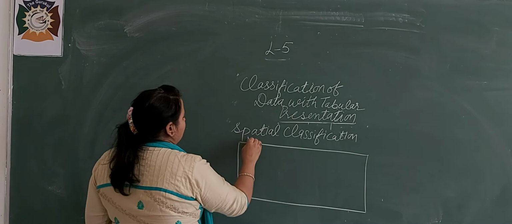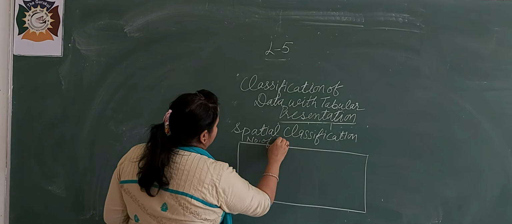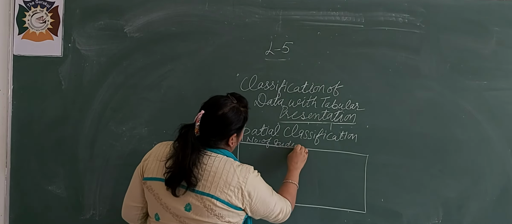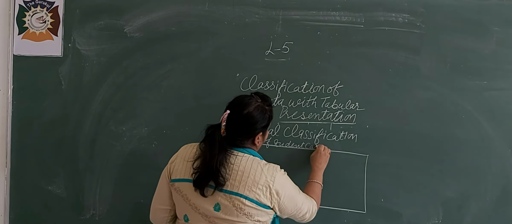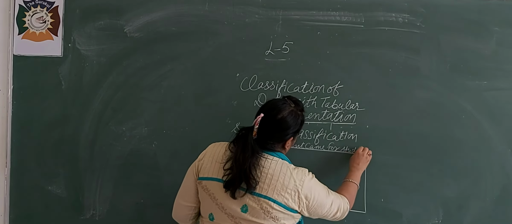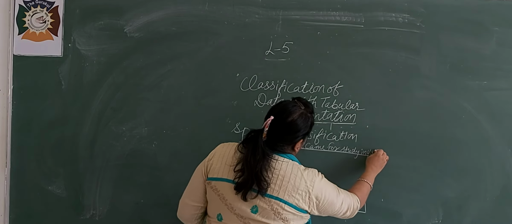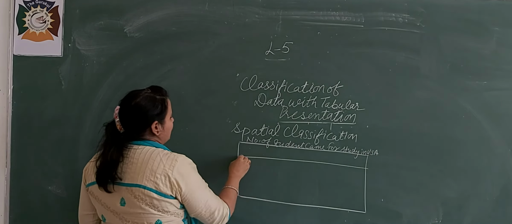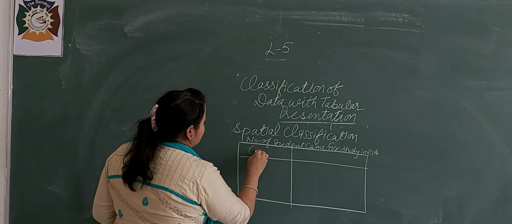For example, number of students who came for study in USA. Number of students came for study in USA. From where? The names of countries.